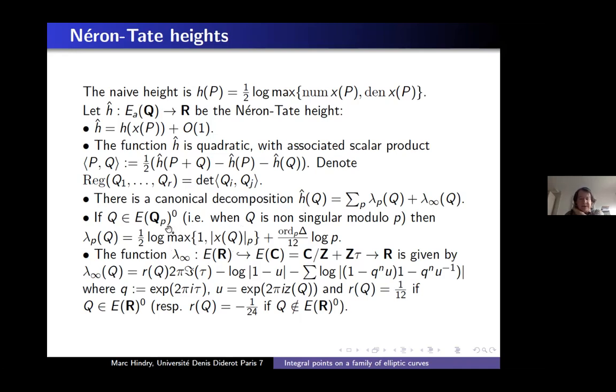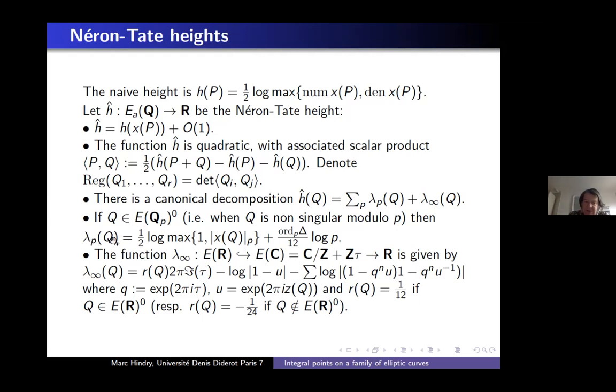I'll take as a hypothesis that the point Q is non-singular modulo p. The equation of the elliptic curve is non-singular by definition, but when you reduce modulo p, exactly when p divides the discriminant, the curve is singular. So the point Q could be that singular point, and you assume that it's not the case.